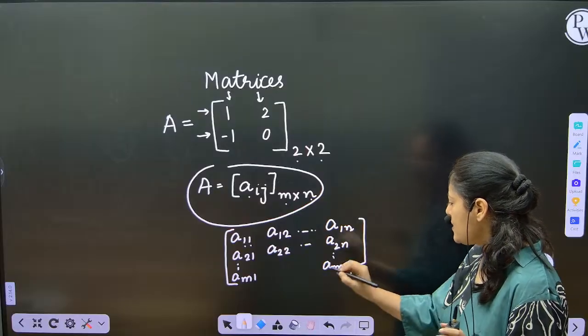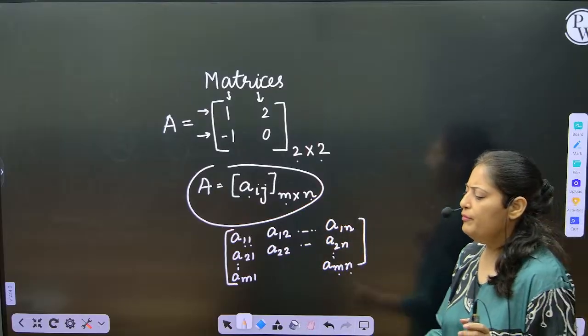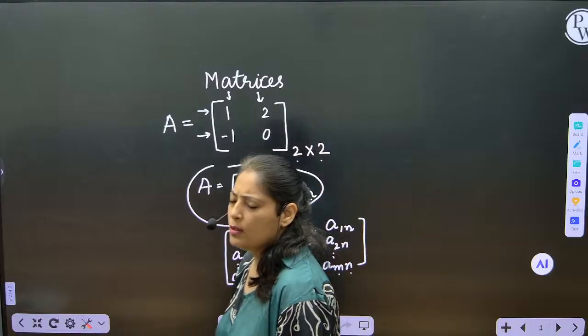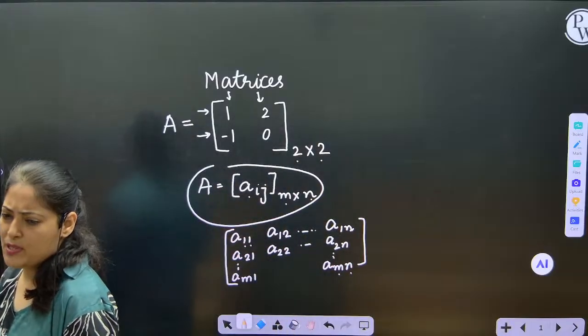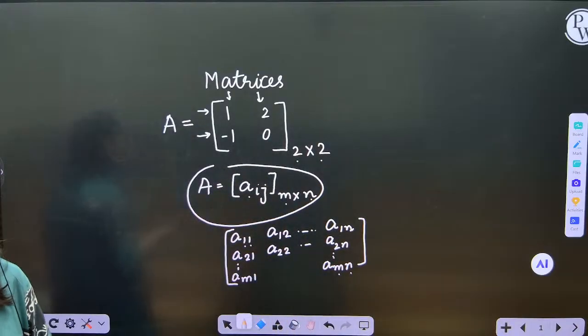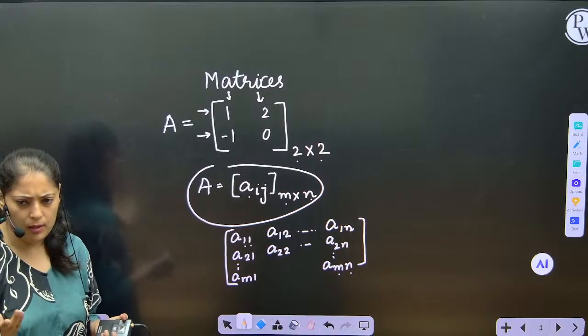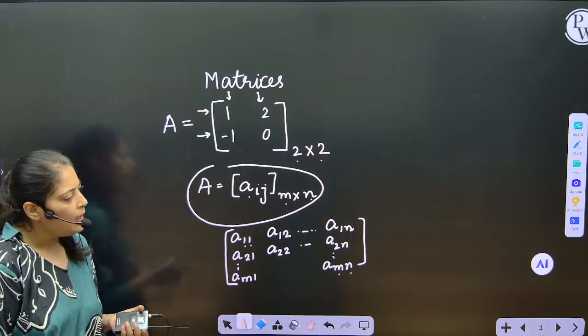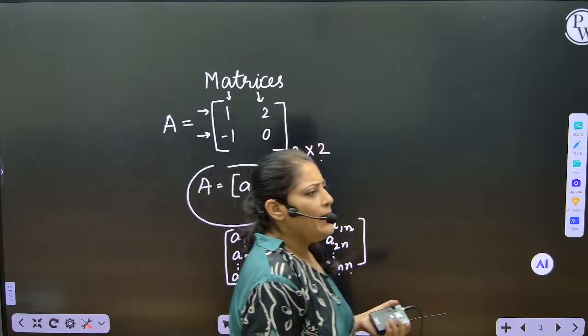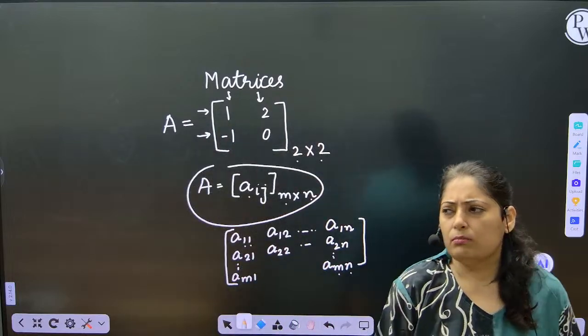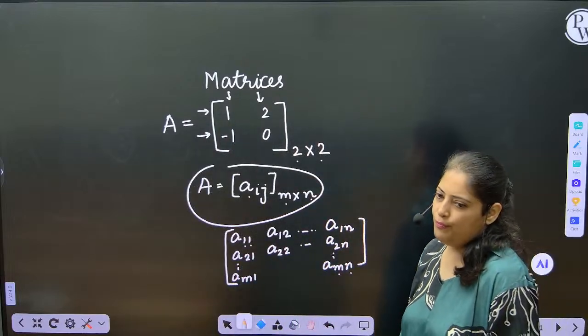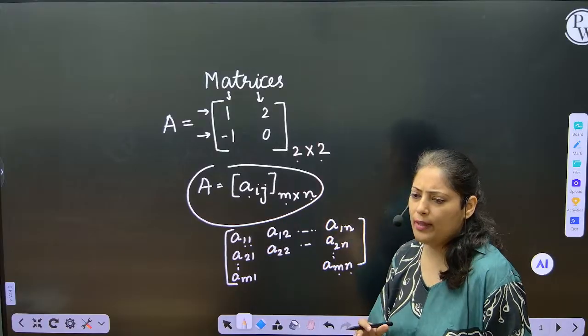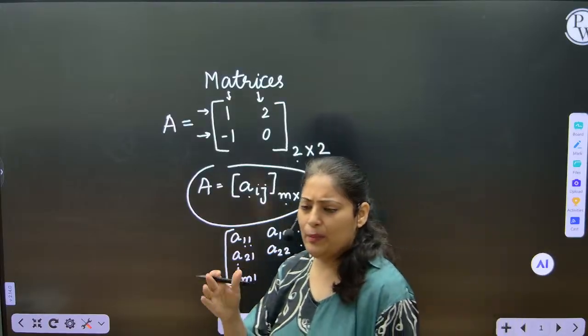This is just a repetition. We'll discuss more things today. It is not only about the representation, how we write the matrix, but of course you should know the basic things. Yesterday we also did types of matrices: scalar matrix, diagonal matrix, identity matrix.